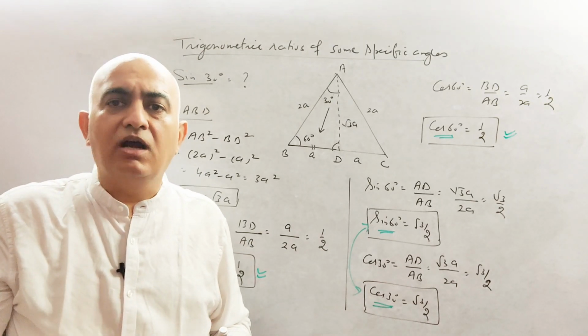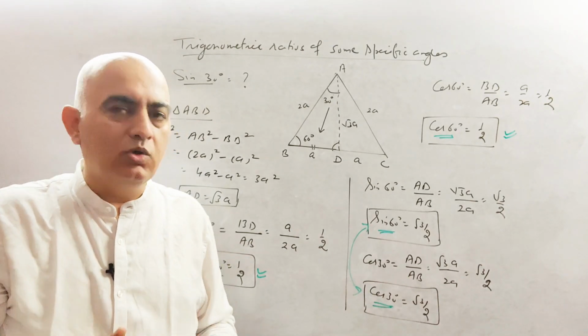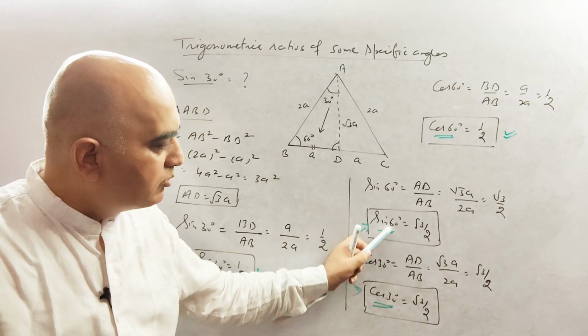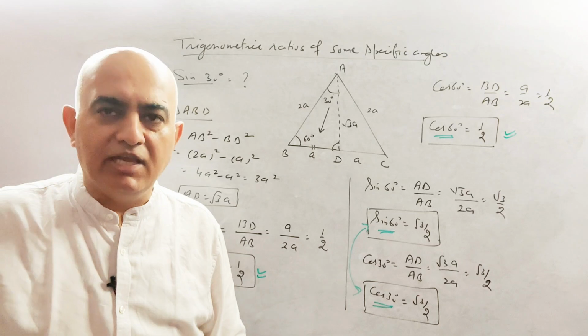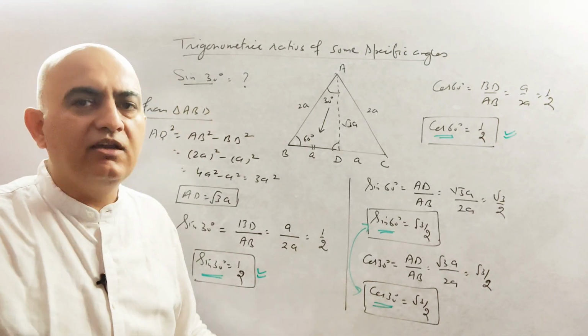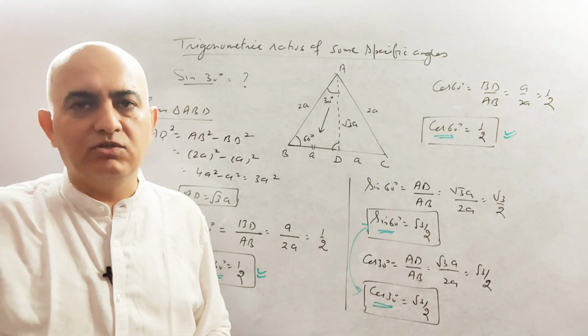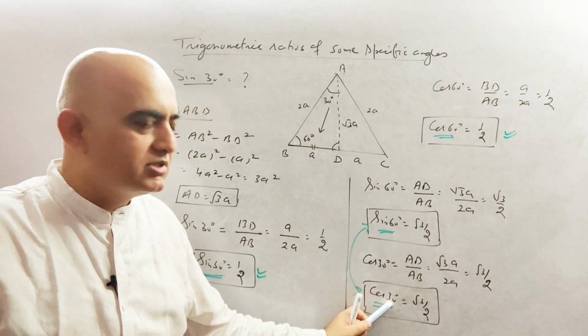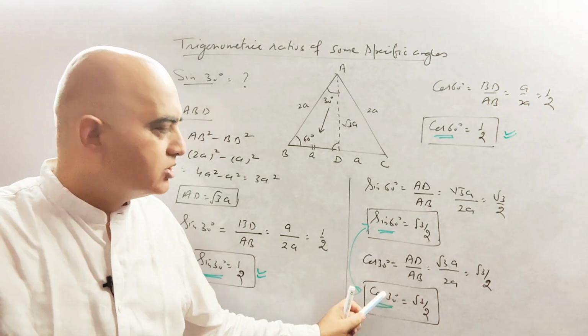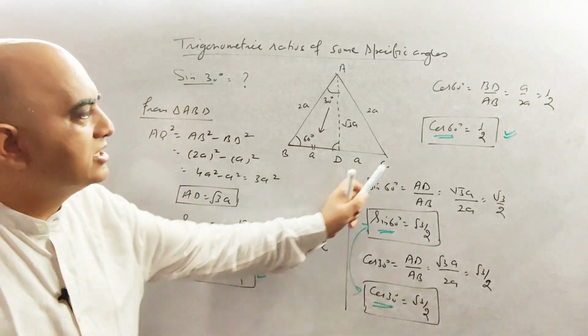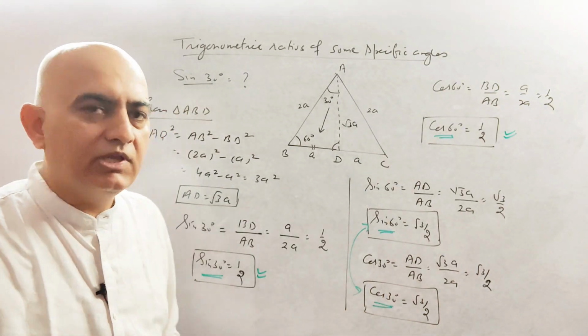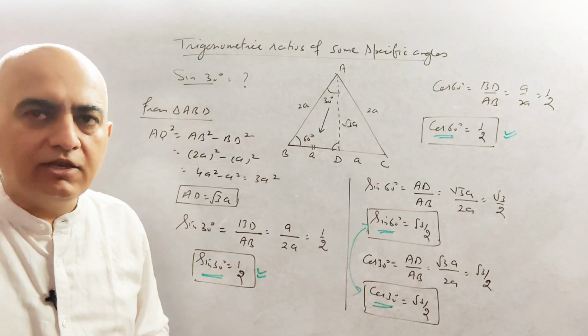If the sum of two angles is 90 degree, then these two measures are the same. So 30 plus 60 becomes 90. So sine 60 is equal to cos 30 and sine 30 is equal to cos 60. So we can check by using this.